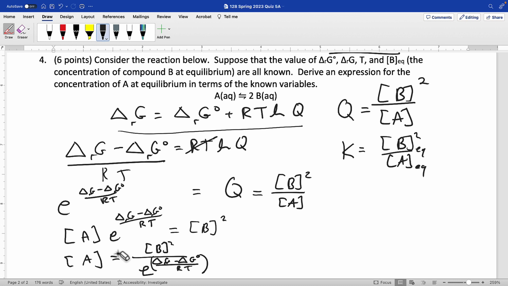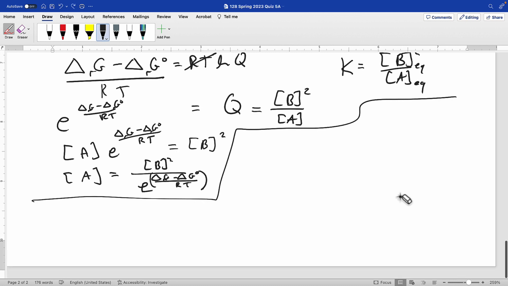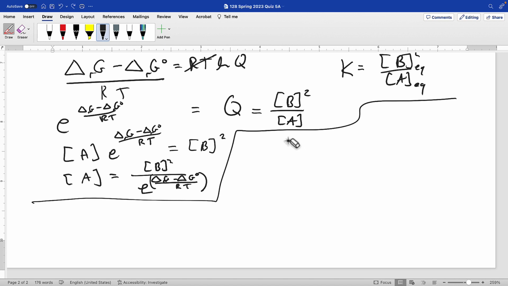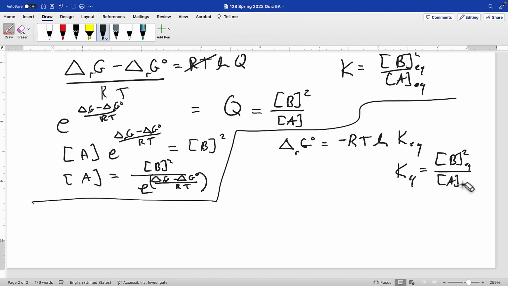There's actually a way faster way to do this. A super shortcut would be to write that delta G standard is equal to negative RT log of K equilibrium, and that K equilibrium is the equilibrium concentration of B squared over A at equilibrium, and we're given delta G standard.